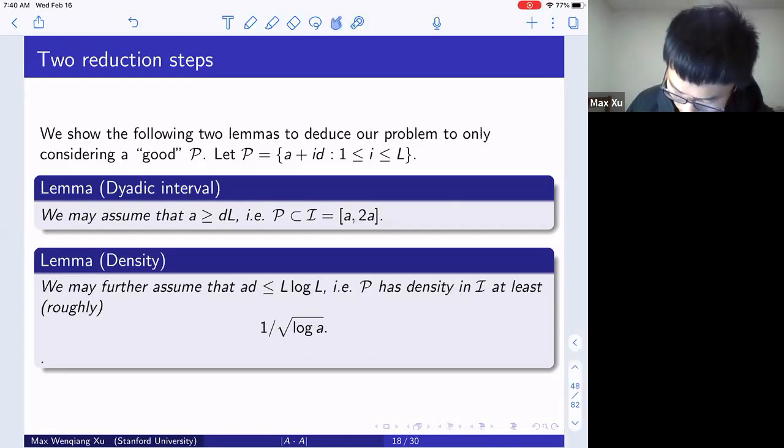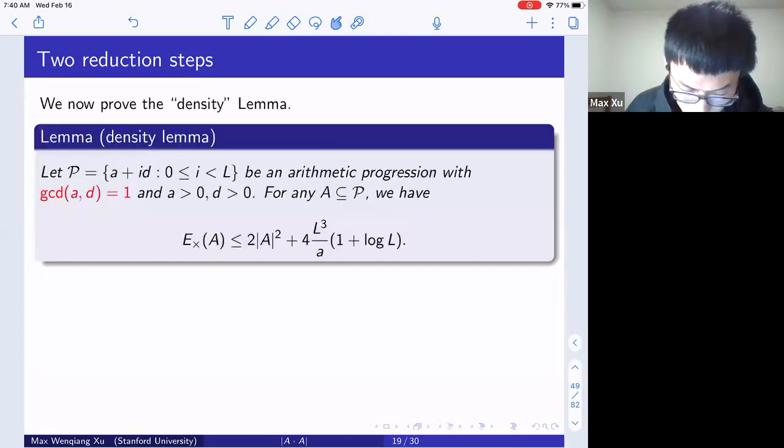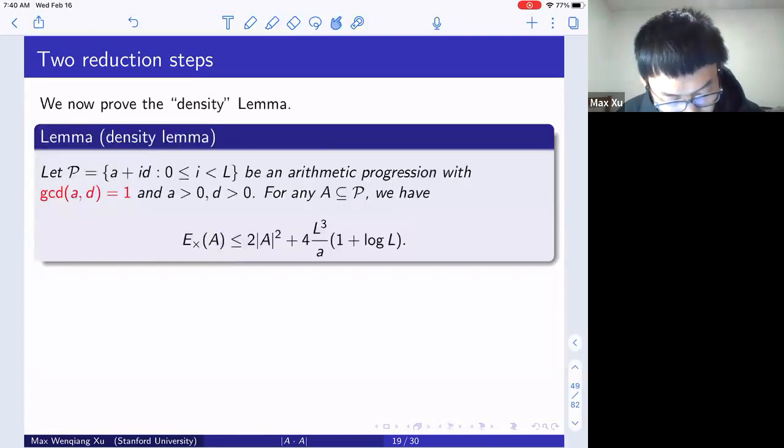So how to do this? The second lemma. I just restate it in a precise form. Let P be an arithmetic progression, and we assume GCD of A and D equals 1. Of course, if it's not 1, it doesn't change the multiplicative energy, but let's just assume it's 1. For any subset of it, we can show that the multiplicative energy has this form.